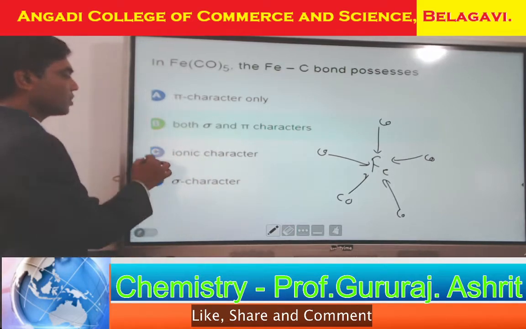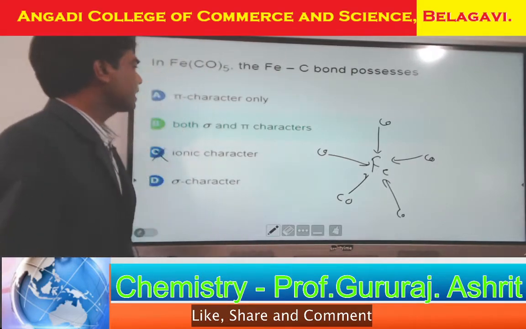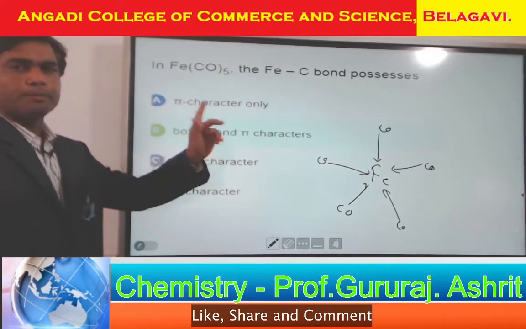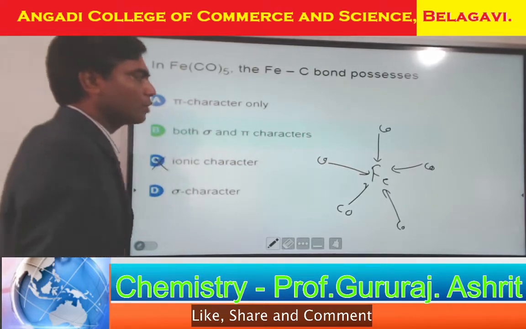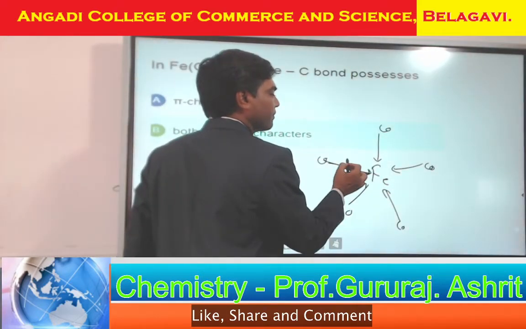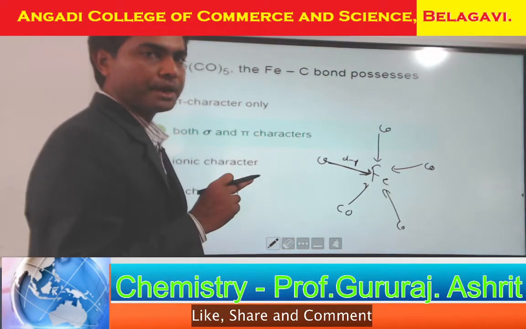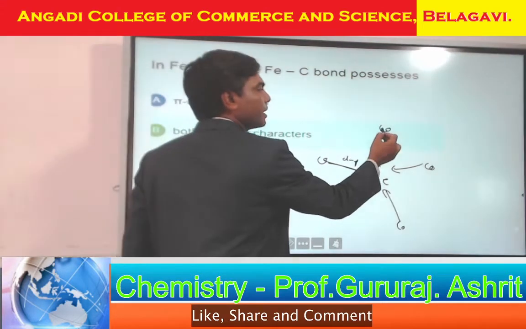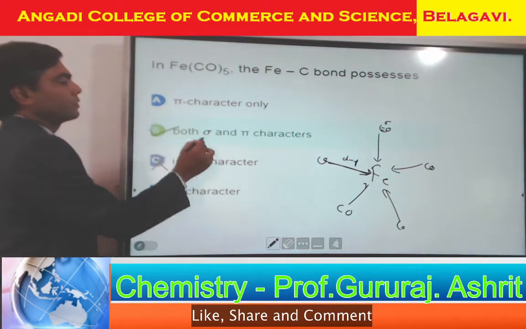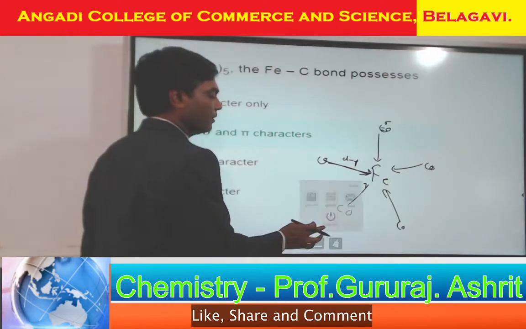First remove the waste option, C, because carbonyls will not show ionic character. Now the confusion is between only sigma, only pi, or both sigma and pi. Here you have to understand there is a dπ-pπ bonding between the carbon and Fe. Therefore, it forms the pi bond, and the bonding between the C and Fe is also a sigma bond. Hence, the answer for this one is B. Both sigma and pi characters will be formed.